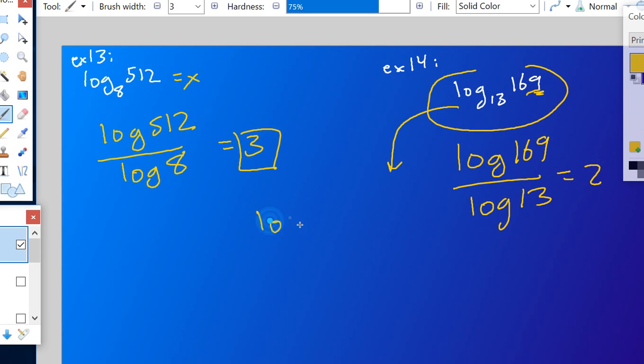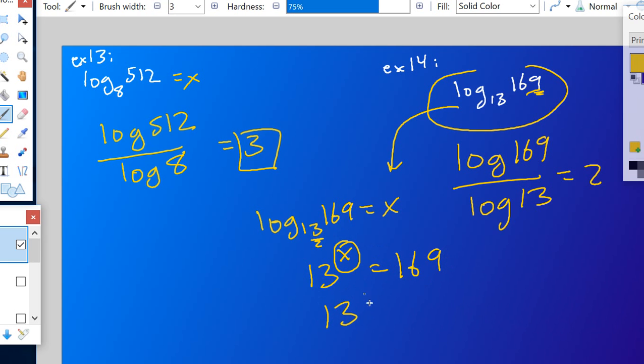So if I have log base 13 of 169 and I say equals x, let's change this to exponential form. This is my base, 13. This is my exponent, x, equals 169. I'm thinking, what could I put here that would make 13 times itself be 169? And according to our work, a 2. Another way to get that, prime factorize 169, and I get 13 squared, and the x must equal 2.